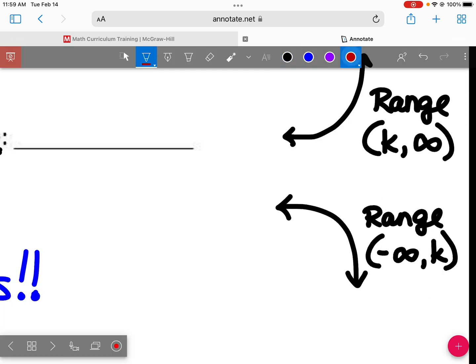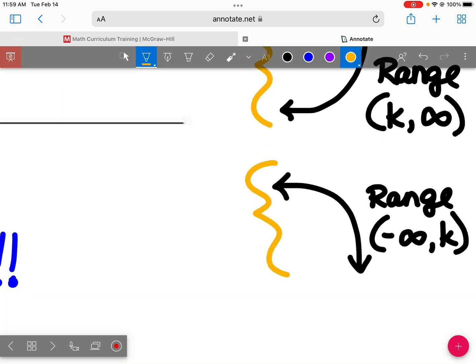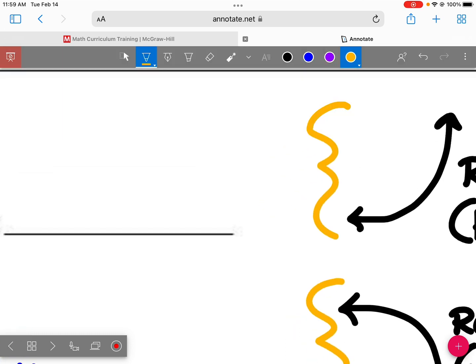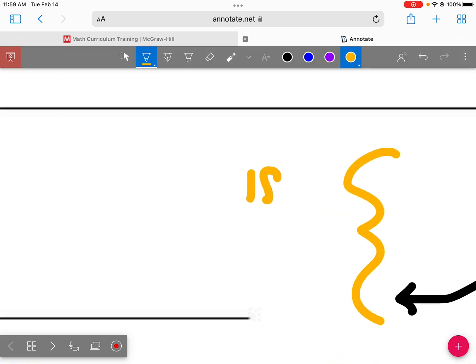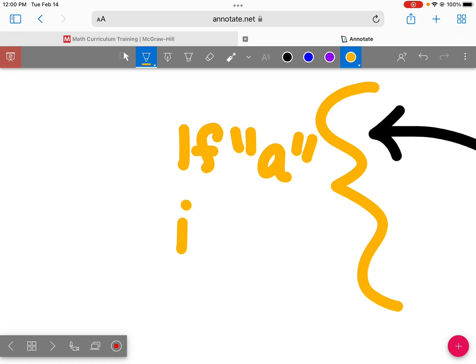How do I decide whether it looks like the top one or the bottom one if I can't see it? A value. Up here is if a is positive. Down here is if a is negative.